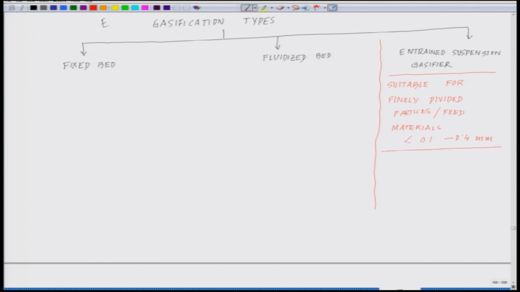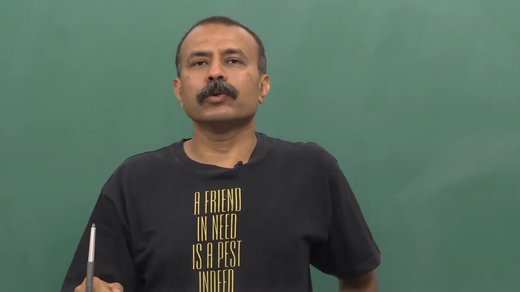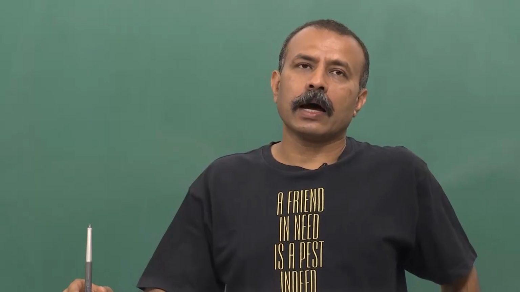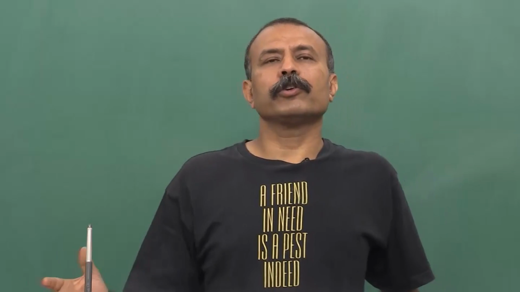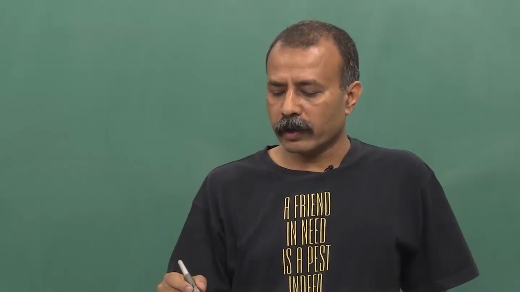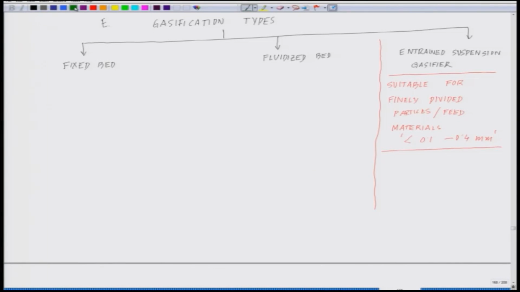And this kind of particle size is very tough to achieve when we are talking about fibrous materials. Fibrous materials are typically between 20 to 80 millimeter, and here the number is around 0.1 to 0.4 millimeter.